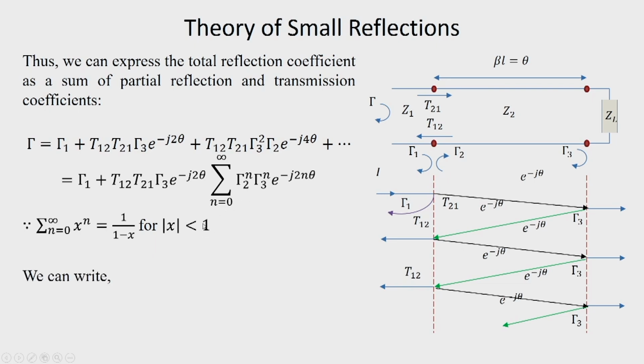And if we apply this relation, we can write this summation replaced by 1 minus gamma 2 gamma 3 e to the power minus j 2 theta, and hence we get gamma to be equal to gamma 1 plus T12 T21 gamma 3 e to the power minus j 2 theta divided by 1 minus gamma 2 gamma 3 e to the power minus j 2 theta.